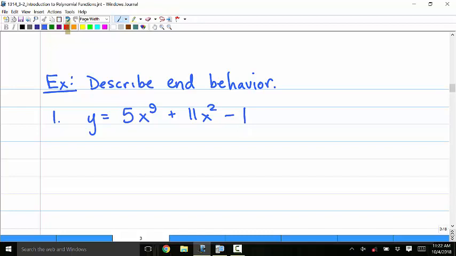What is the degree of this polynomial? Say it out loud. 9. It's degree 9. It's an odd degree. The leading coefficient is positive. So that's going to look like an x cubed graph. So what's the end behavior of an x cubed graph? Down, up.